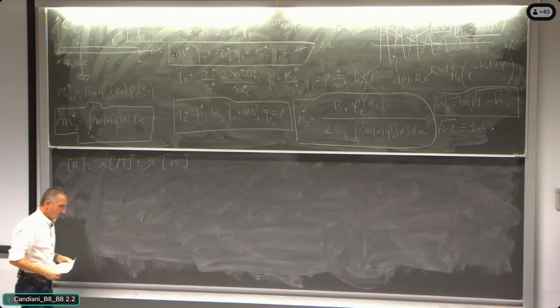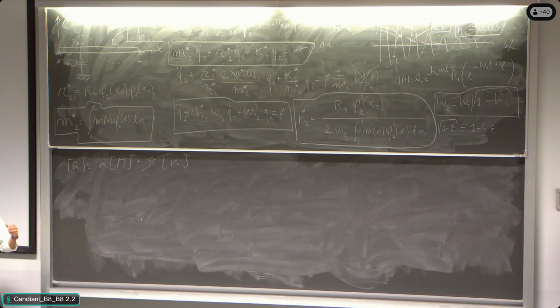So we go back to the n degree of freedom system. So we mentioned that, all right, there are concentrated dampers, but there are distributed dampers. So the system has an intrinsic damping because there is a distributed damping that is associated to the mass distribution and to the stiffness distribution.